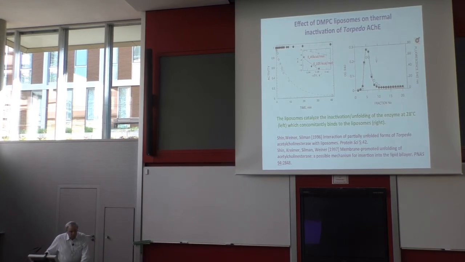But in the presence of a liposome, the enzyme is rapidly inactivated by interaction of the enzyme with the lipid surface. You can see the open circles with the liposomes compared to the closed circles in their absence. You see the enzyme activity is greatly decreased by this interaction with the liposome.